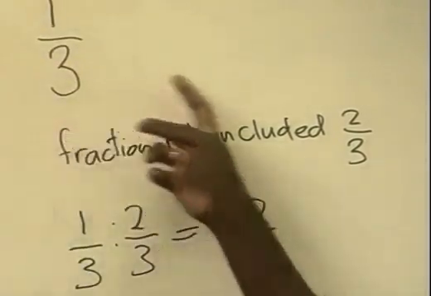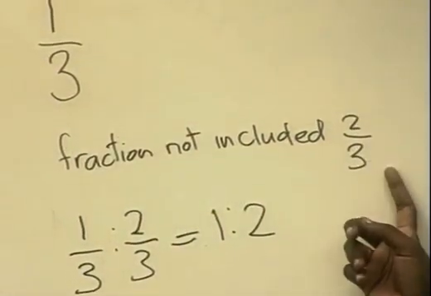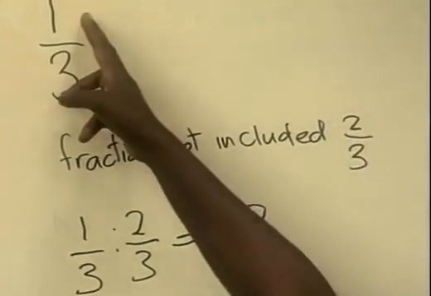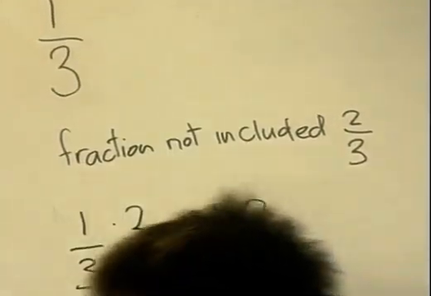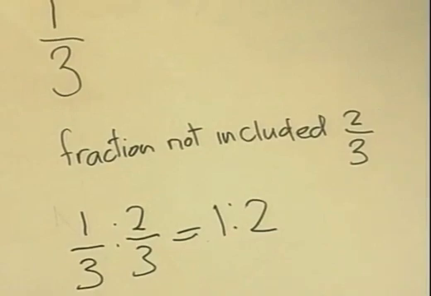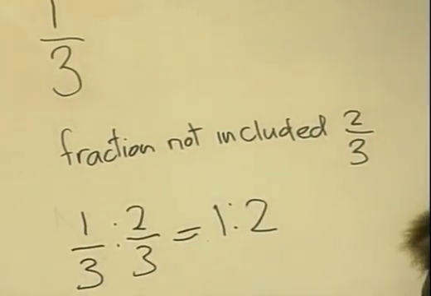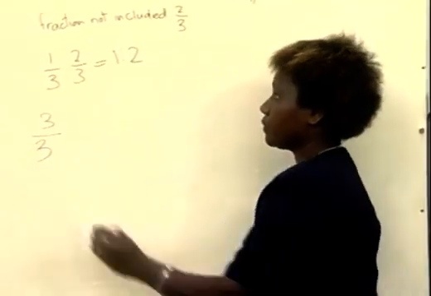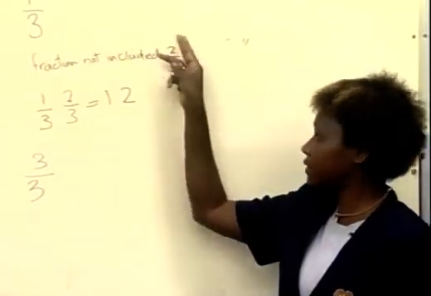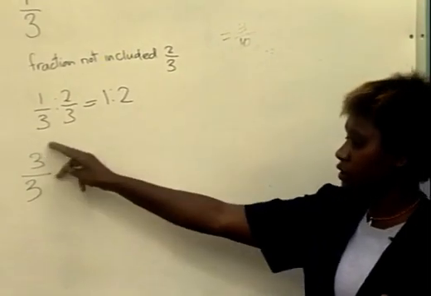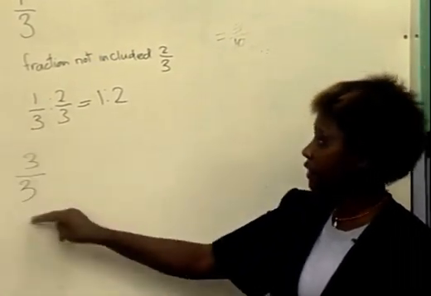In this case, it is 2/3. When you add 2 plus 1, it would give you a whole number as 3/3. That's what she meant in her explanation. A third plus 2/3 would give you this whole here.